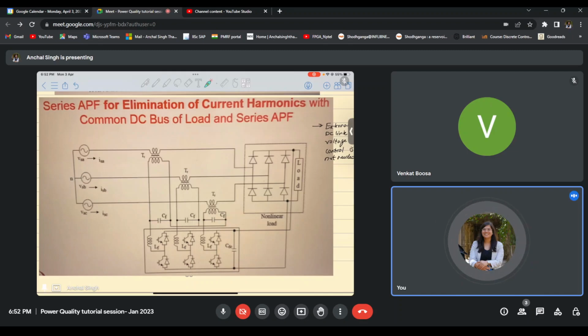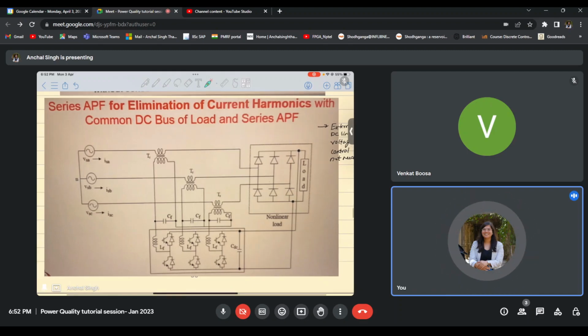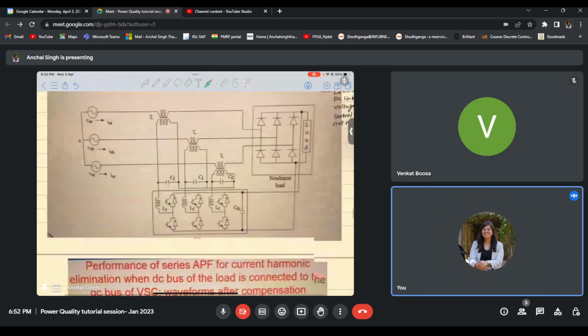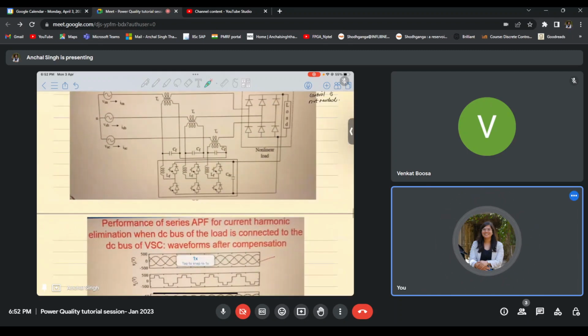We were comparing VDC reference with VDC and then a PI controller. That loop is removed now. Since I am connecting these points with these points, my output DC link voltage is fixed, and because of that, I don't have to put an additional loop for VDC comparison. So my DC link is already fixed.